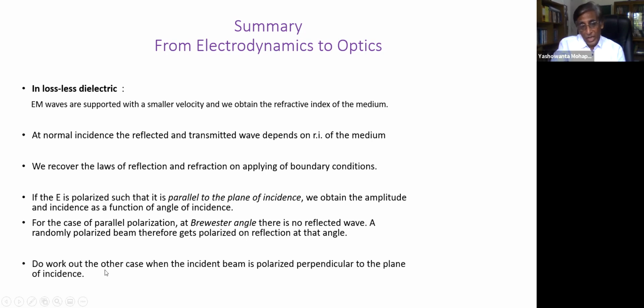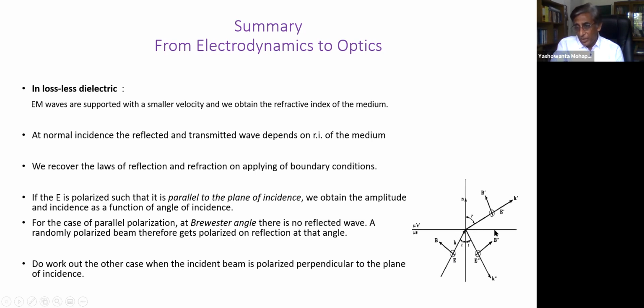I will ask you to work out the other case, when the incident beam is polarized perpendicular to the plane of incidence. So E is perpendicular, and now I'm showing B here. It comes and gets reflected and refracted. In this case I have shown the interface here. This comes here, and this is the angle of incidence. We know the angle of incidence is equal to the angle of reflection.